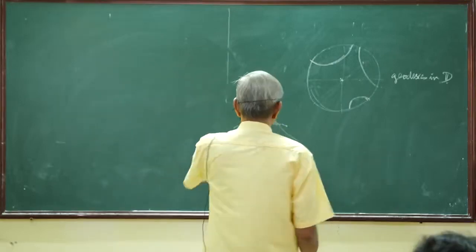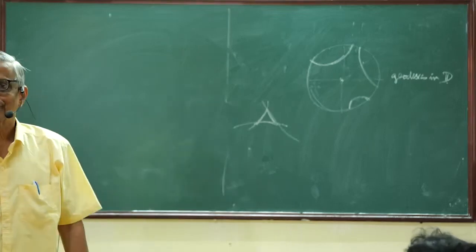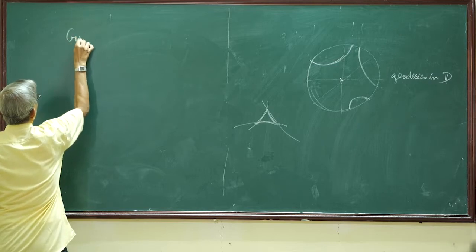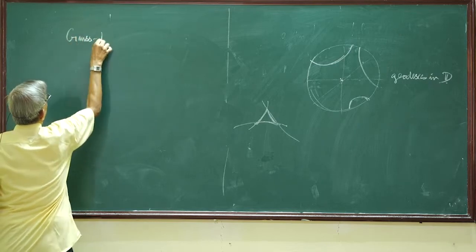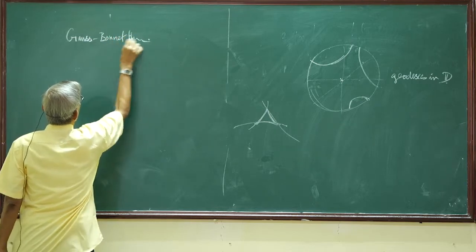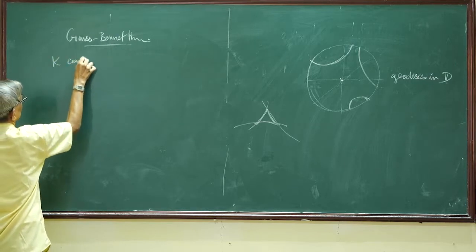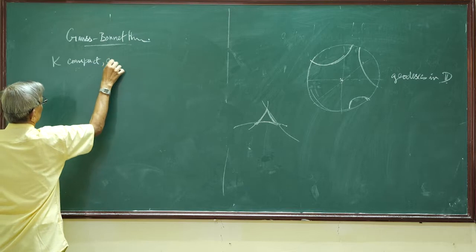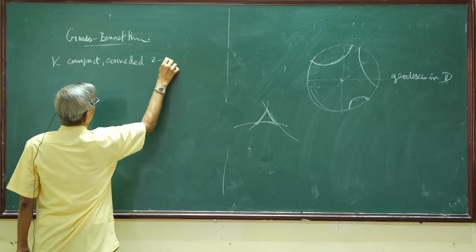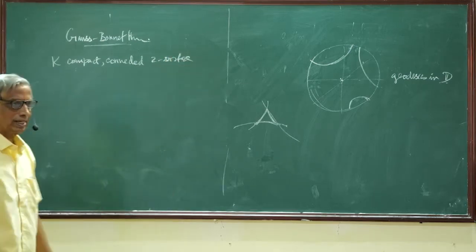So the Gauss-Bonnet, I'm going to come back to this unit disk in a moment. The Gauss-Bonnet theorem: S is a compact connected surface in R3.